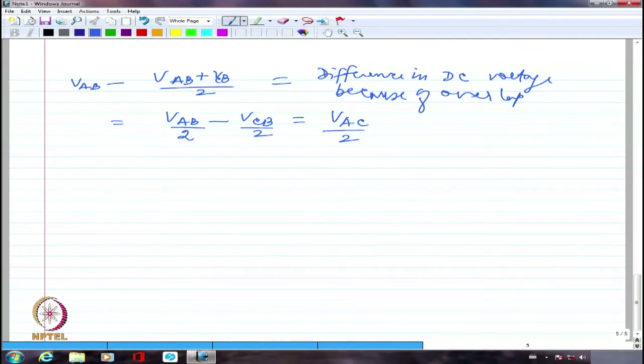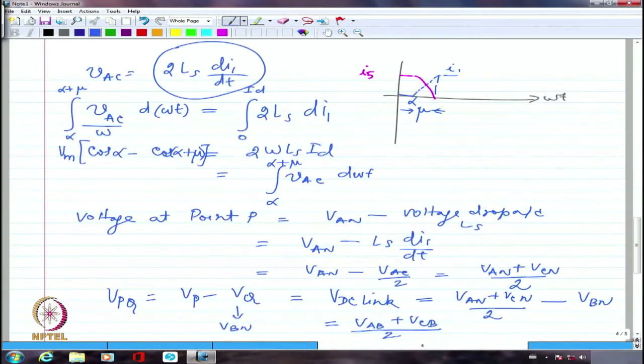And this VAC by 2 we already said, we had integrated this, if you may recall, we said integral VAC d omega t from alpha to alpha plus mu was 2 omega ls id.